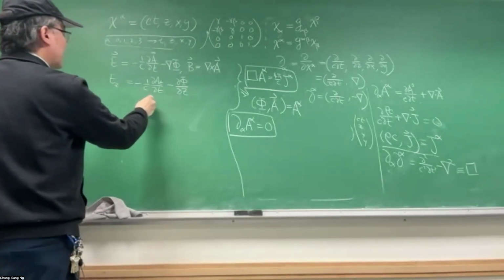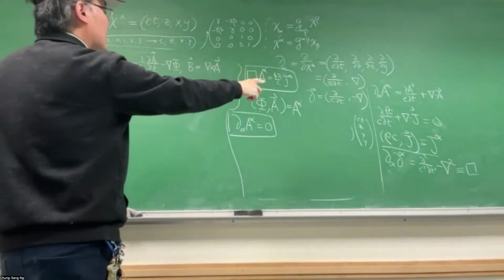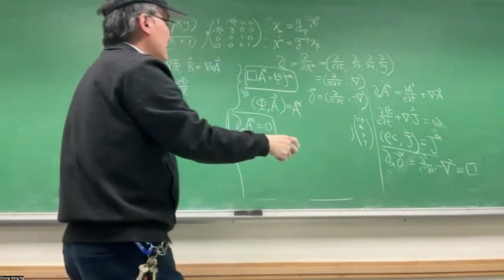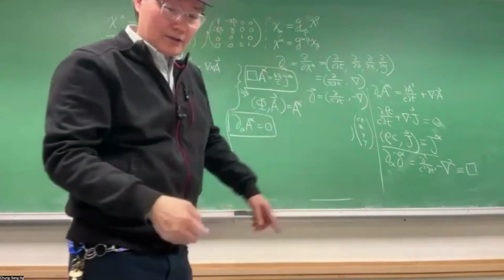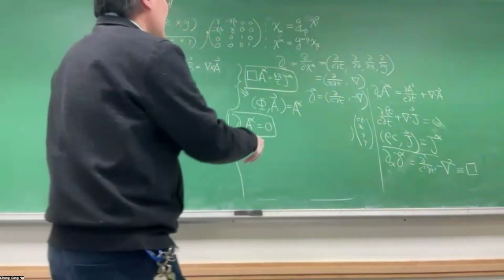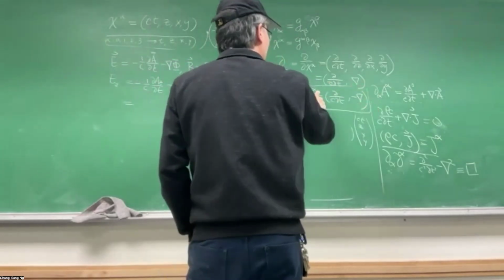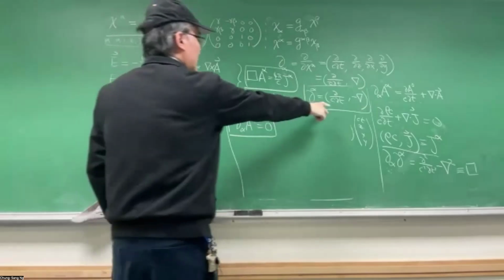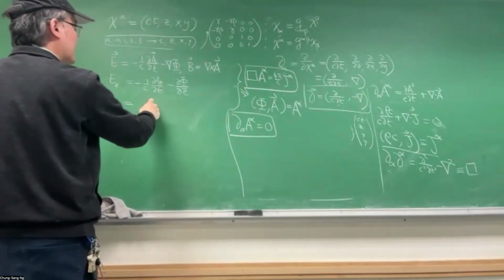And let's write it a little bit using our four vector notation. And remember the gradient four vector. We actually want to write down the contravariant first. This is the zero, so partial 1 over C partial T is the zero component.